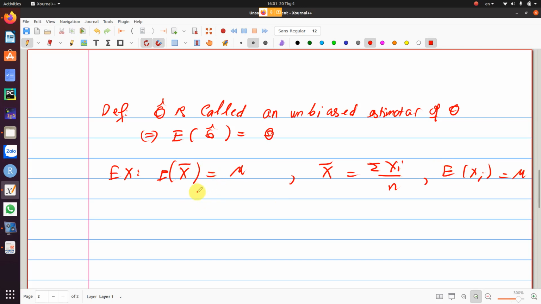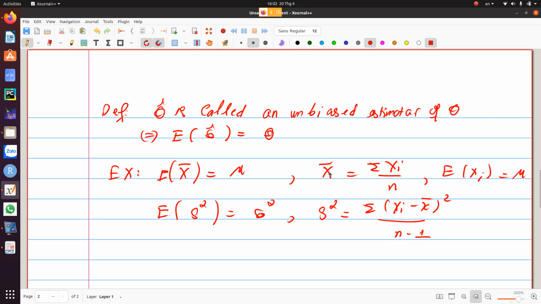That's the reason why we always choose X bar to estimate mu. Or we always choose S square, the sample variance, to estimate sigma square, where S square equals the sum of (Xi minus X bar) square over n minus 1. In that case, we say that we have an unbiased estimator.